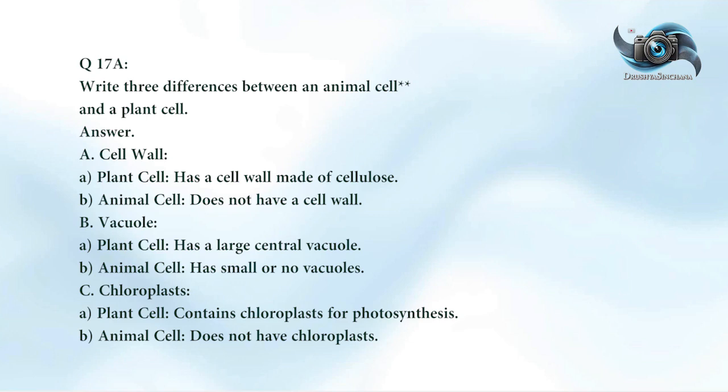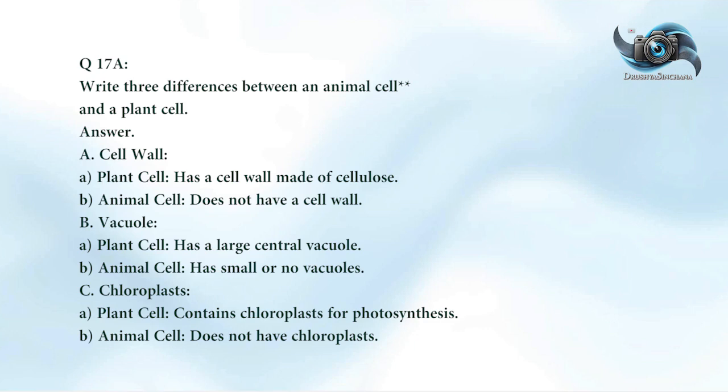Question number 17A. Write 3 differences between an animal cell and a plant cell. Answer. A. Cell wall. A. Plant cell has a cell wall made of cellulose. B. Animal cell does not have a cell wall. B. Vacuole.